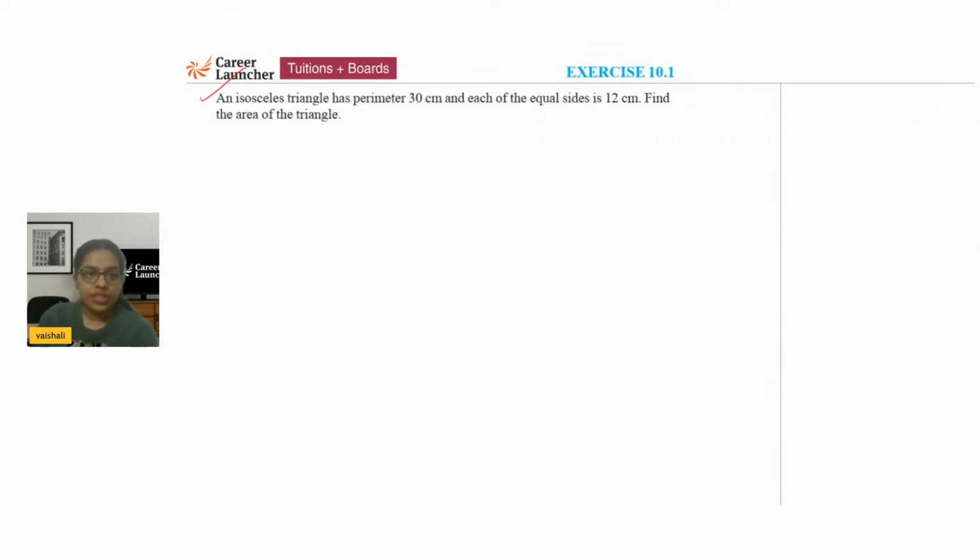Now the next question is, an isosceles triangle has a perimeter of 30 centimeters and each of the equal sides is 12. Now in this case, if I have an isosceles triangle, the length of the equal sides is given. So it means A is 12, my B is also 12, C I don't know. What if I'm assuming it to be X?